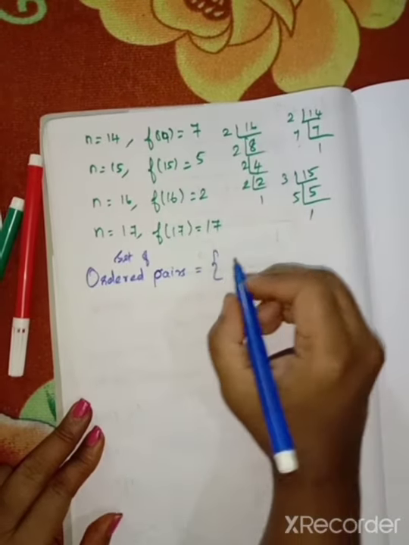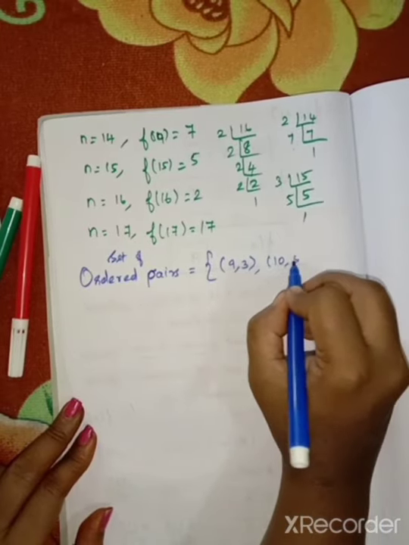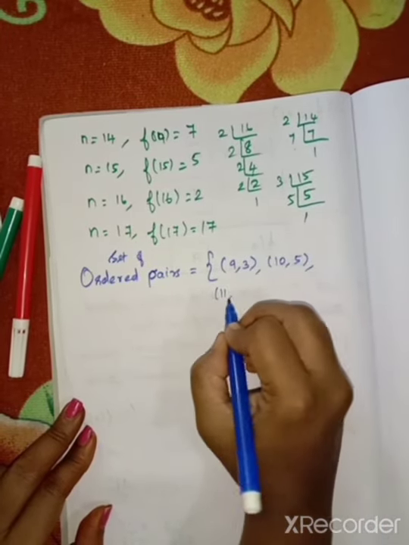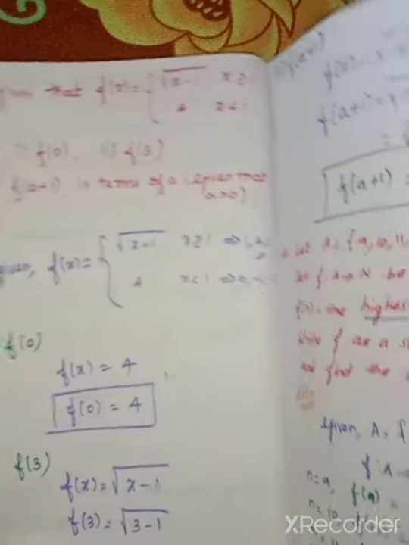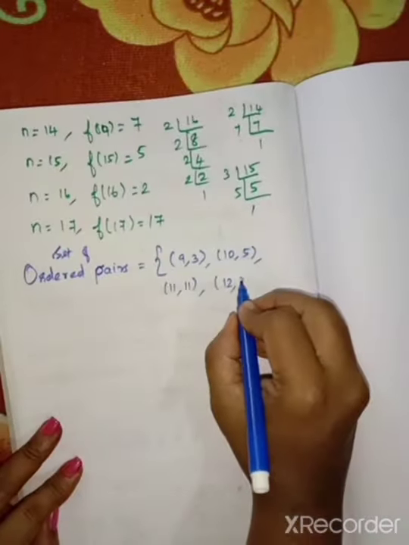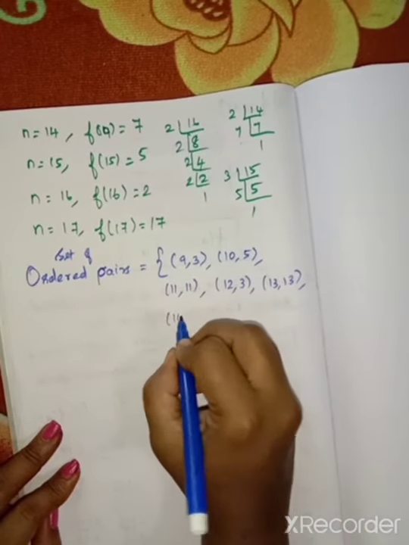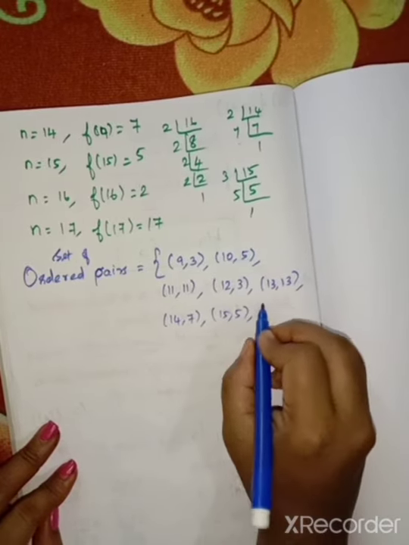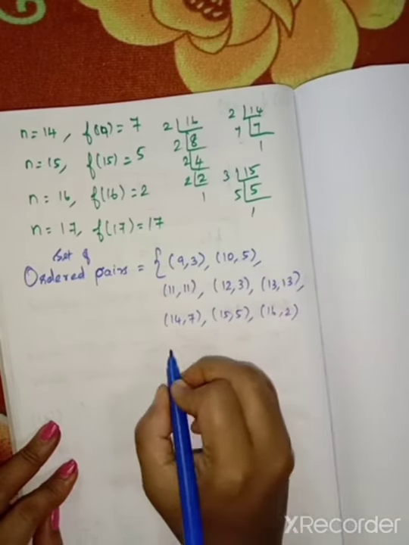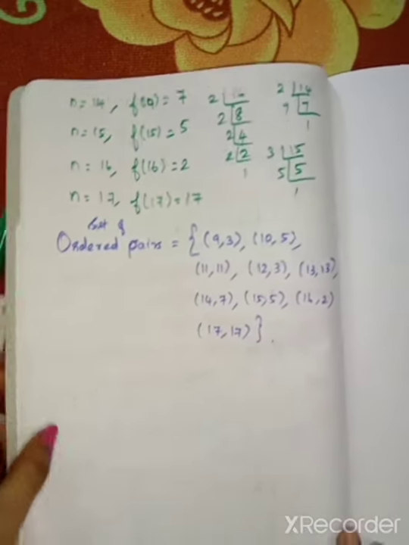So the set: first one is 9 comma 3, then 10 comma 5, 11 comma 11, 12 comma 3, 13 comma 13, 14 comma 7, 15 comma 5, 16 comma 2, 17 comma 17. So the set of ordered pairs we completed.